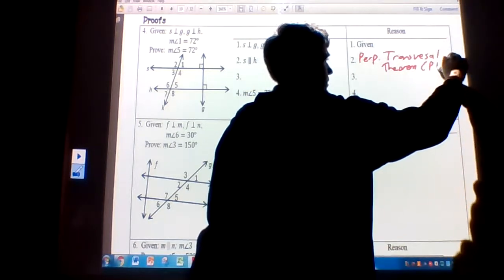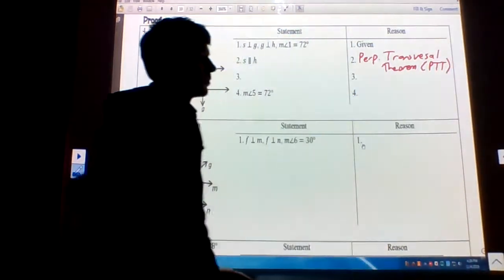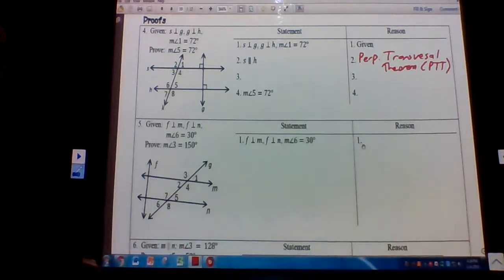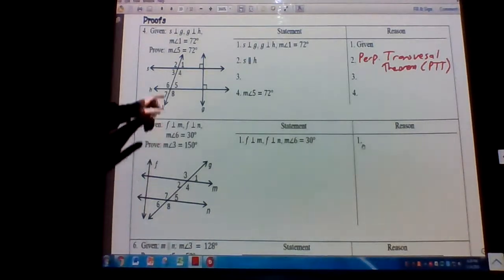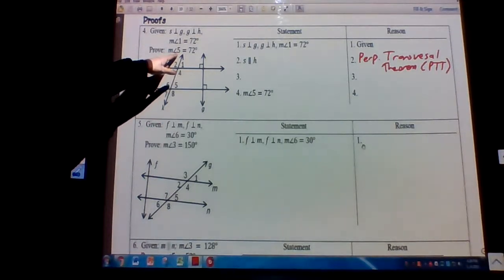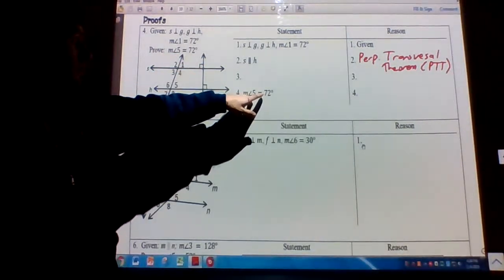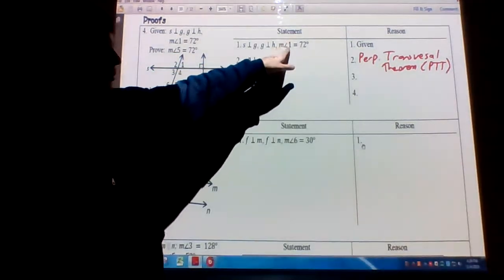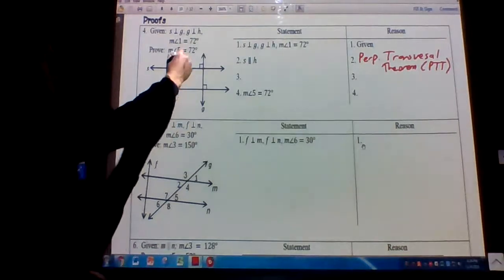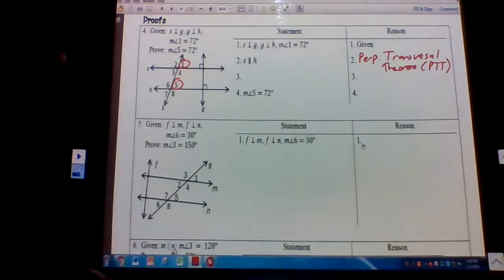Otherwise known as PTT, perpendicular transversal theorem. Since we're trying to prove that the measure of angle 5 is 72, and we're starting at 1, so we're going from 1 to 5. These are corresponding angles.